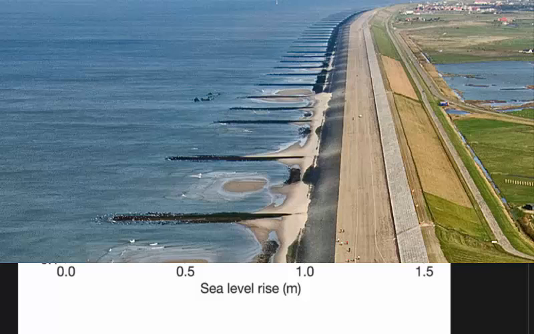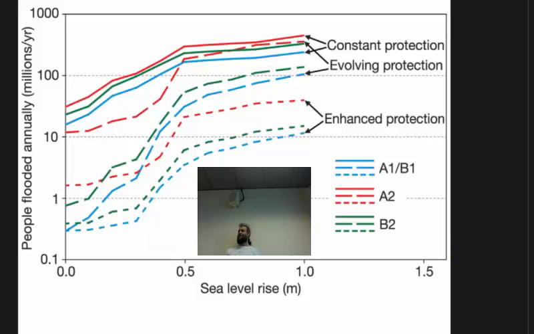That is, if you were to sit in this spot for 10,000 years, you would expect it to be hit by a flood only once. The dashed line assumes that this protection standard stays the same in the future, whereas the solid line assumes that the dunes will stay the same. And you see that that actually makes a substantial difference to the impacts of sea level rise.